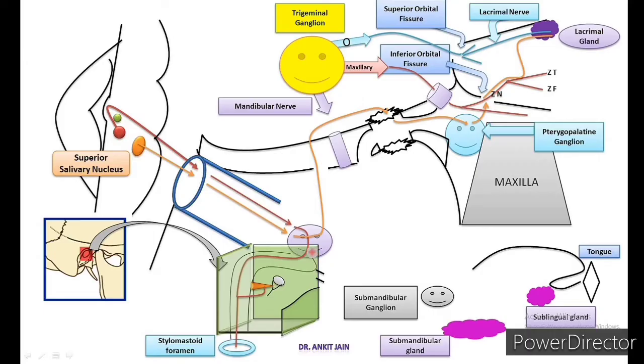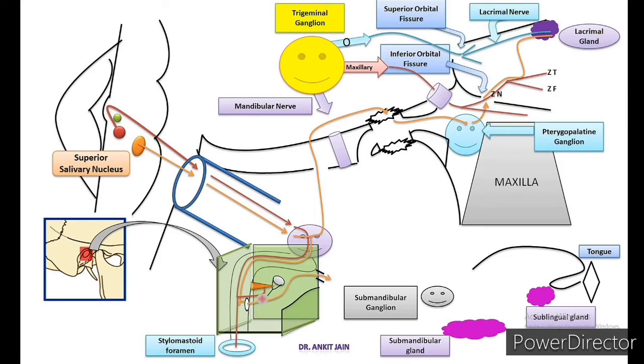Now, I want to discuss the preganglionic secretomotor fibers which enter into the tympanic part of the facial canal. From the tympanic part of the facial canal, they enter into the mastoid part of the facial canal. Now, these fibers leave the facial canal through the posterior canaliculus in the posterior wall of the middle ear and enter into the middle ear cavity or tympanic cavity.